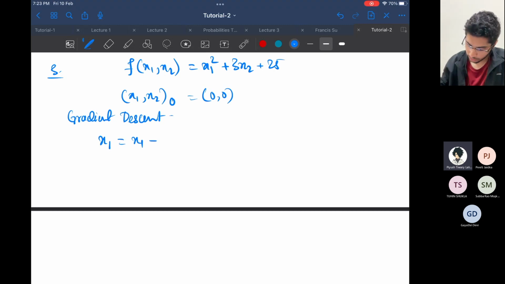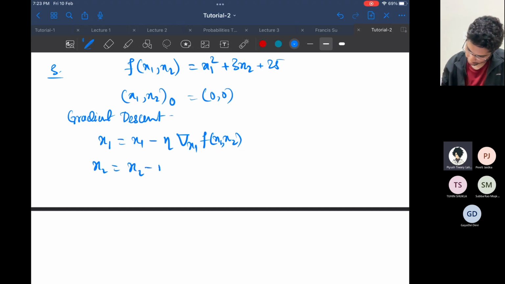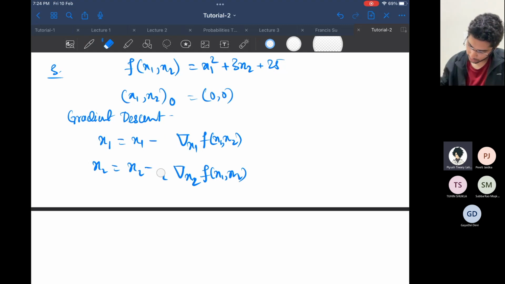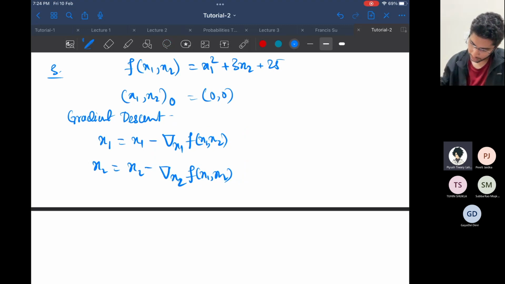Eta is given to be 1 here. Similarly, we do this for x2: x2 minus eta times the gradient with respect to x2 of f of x1, x2. Since eta is given to be 1, I can ignore it.